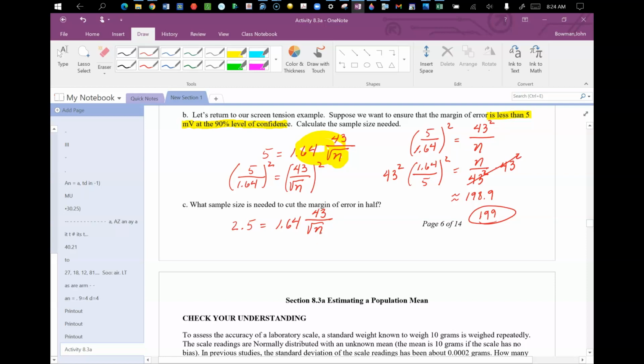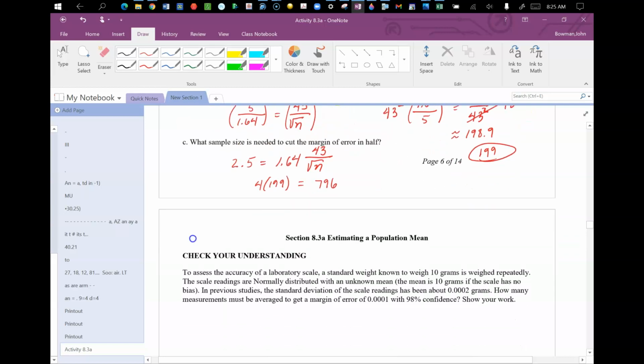And what you would find is that the sample size would have to be 4 times larger. So to cut the margin of error in half, our sample size would have to be 4 times larger, or 4 times 199 in this case, and that would turn out to be 796, and you can verify that.